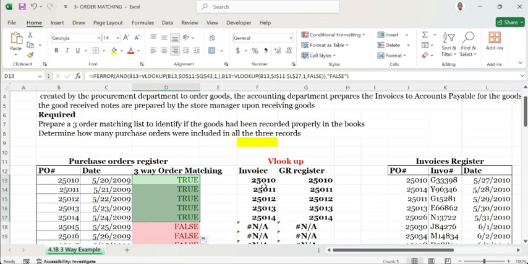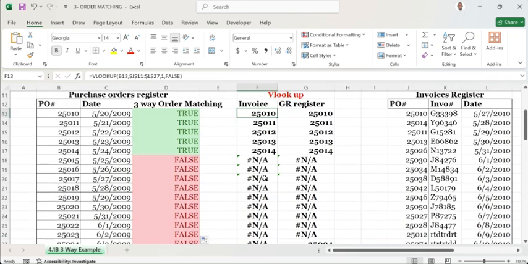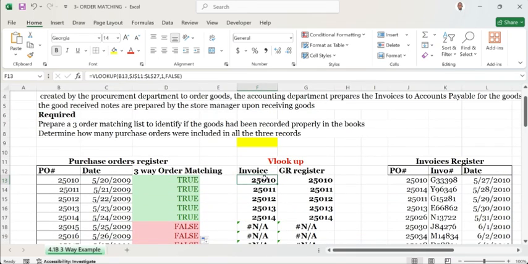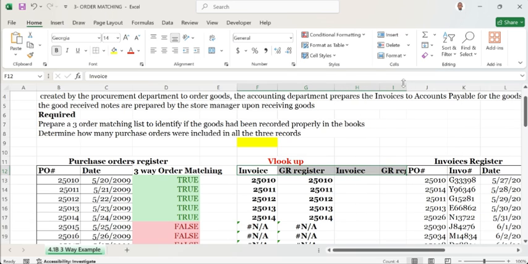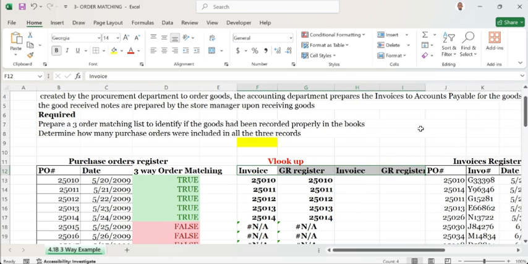Yeah, so that's what you're expected to do. That's what called now the three-way order matching. Kuna swali. Achana na jenye nimefanya. Hii I think you know how to do it. Do you know how to do conditional formatting?